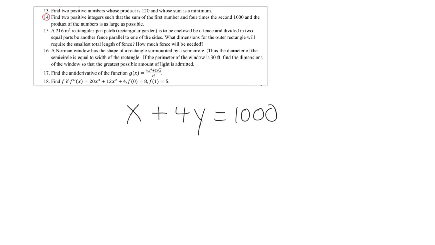So that's one number plus 4 times the second equals 1000. And we also want to say that the product of the two numbers is as large as possible. Well, the product is x times y, and I'm just going to call that the product. Now, since it's the product that we are maximizing, we are going to want to take the derivative of this.